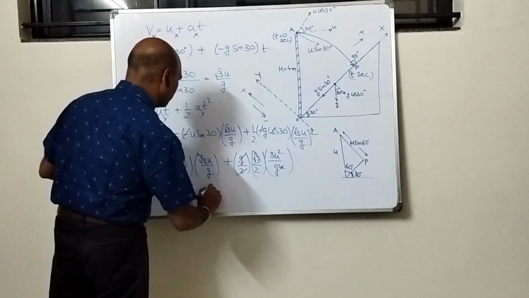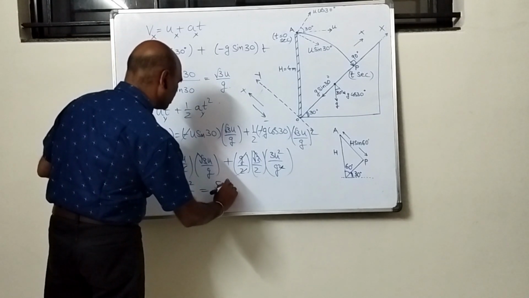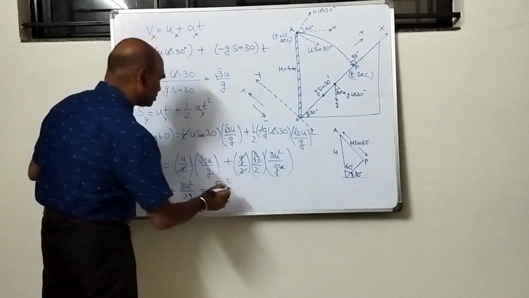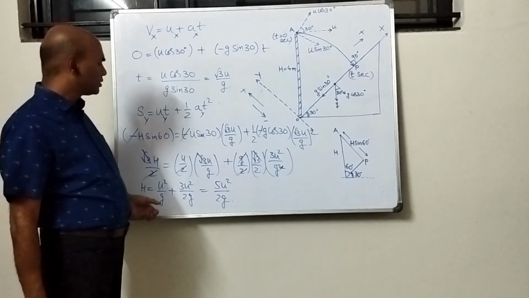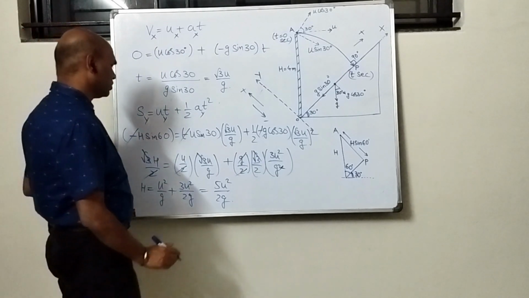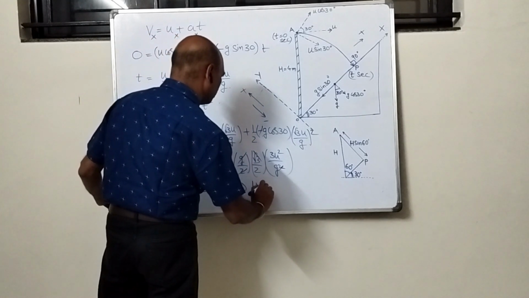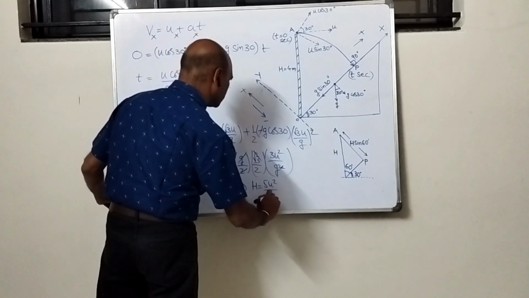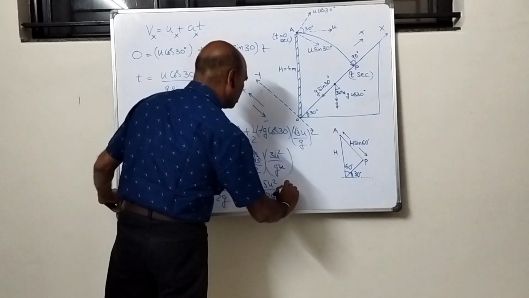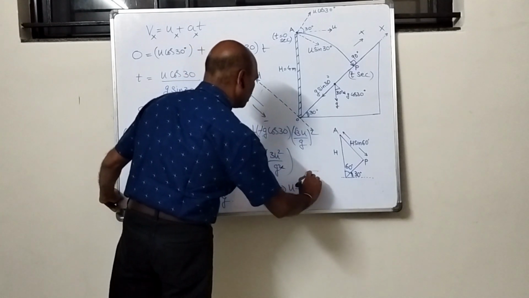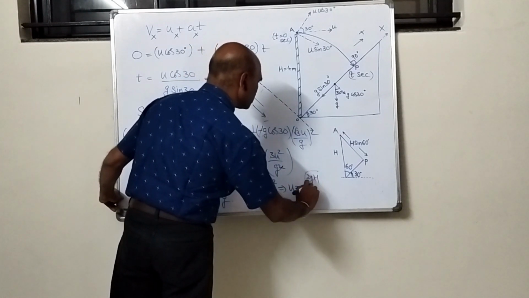Taking the LCM, we get 5u square by 2g. So h is equal to 5u square by 2g. That means u is equal to root 2gh by 5.